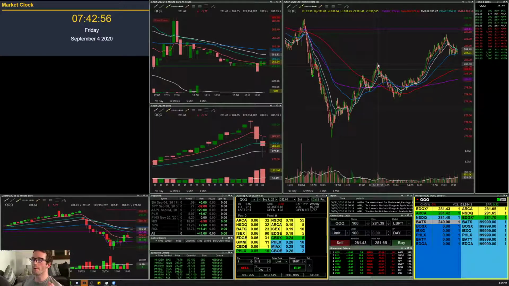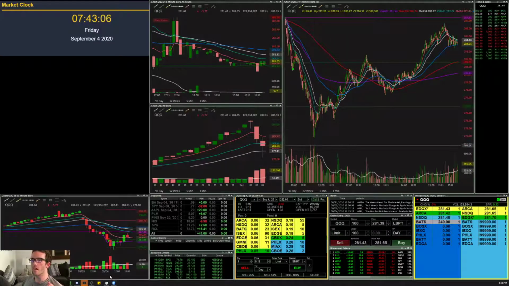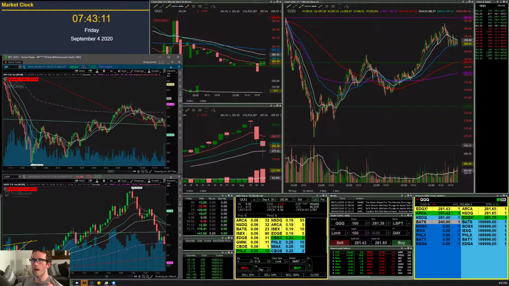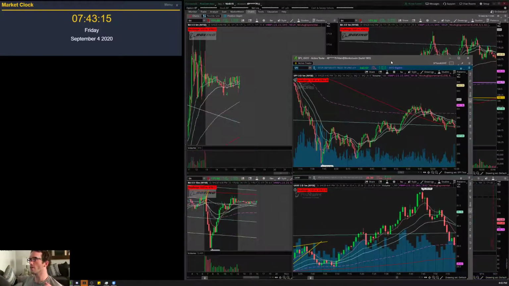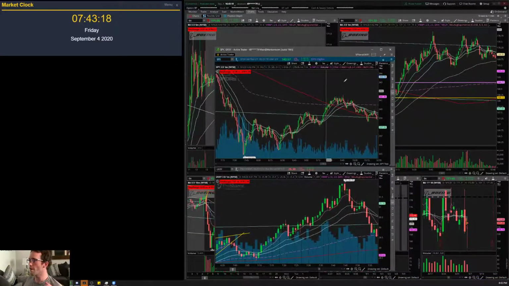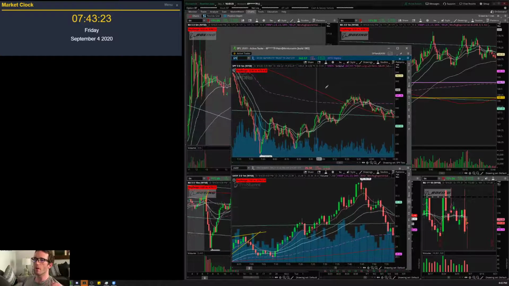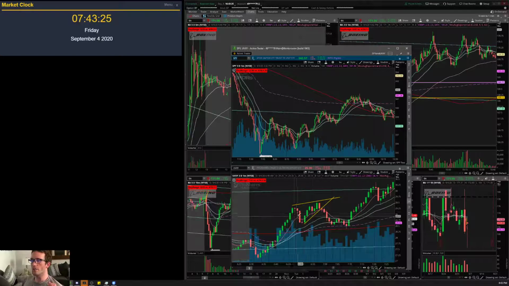Anyways, my point is my edge is using UVXY as the wind, along with SPY, and I map out patterns in UVXY and SPY. I have these two windows on another monitor where I can see them, and all the time I'm constantly going through here, marking areas of consolidation, because when there's consolidation, it's like a pressure cooker.